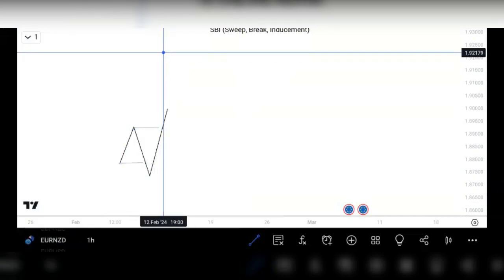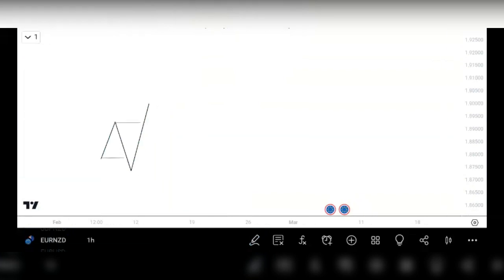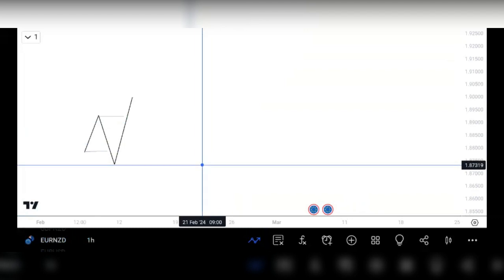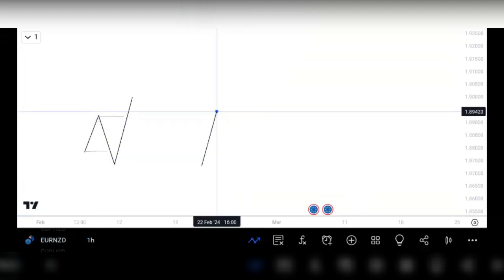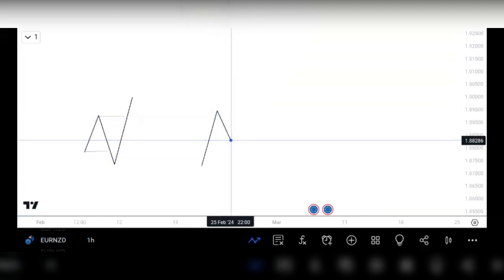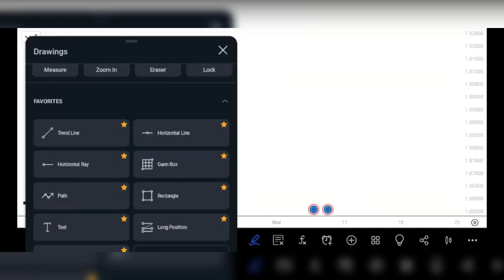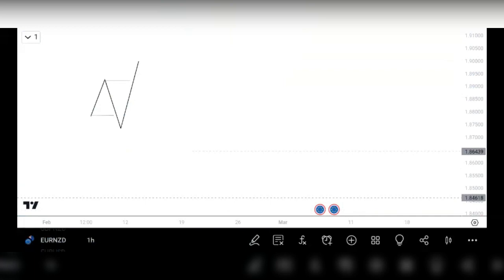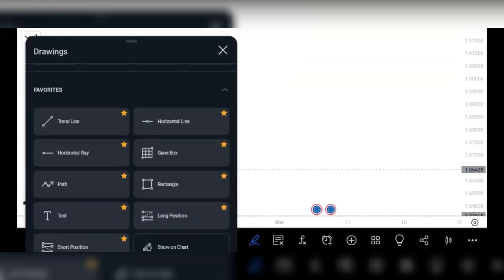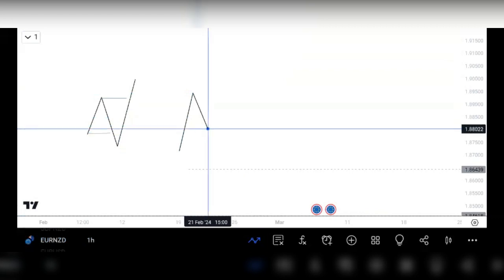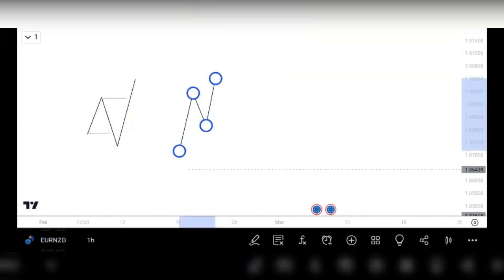Talking about the inducements, let me introduce something to it. Remember when we were talking about the algo structure and we were talking about points A, B, C? We said we have something like this, right?